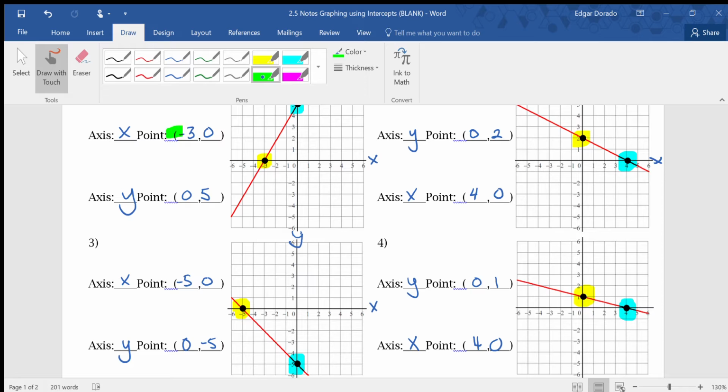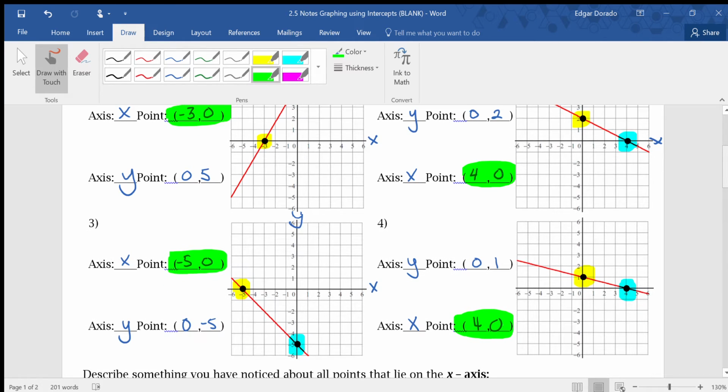So that's this right here, this right here, this right here, and this right here. Okay, so that's all it asks. Anything that was on the x-axis, everything else is on the y-axis.